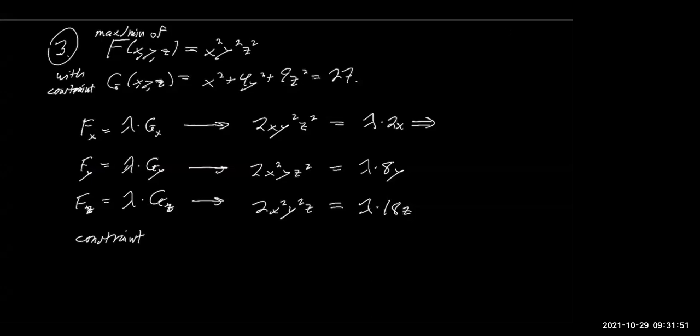So if you look at the first equation and you cancel what you can cancel, twos and x's, but remembering that you could also have x equals 0, right? So this is x equals 0, or if you cancel 2x from both sides, you get y squared z squared equals lambda.